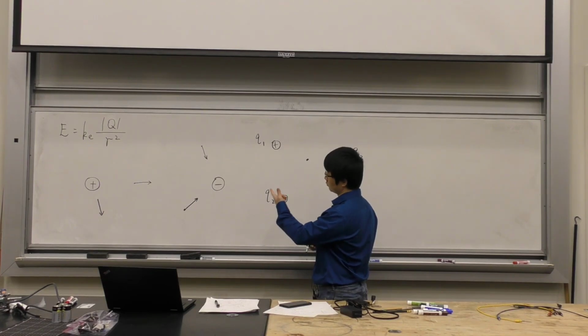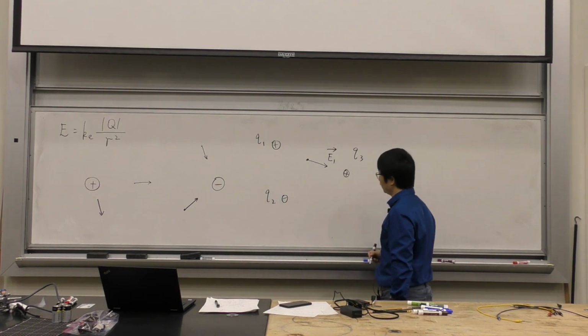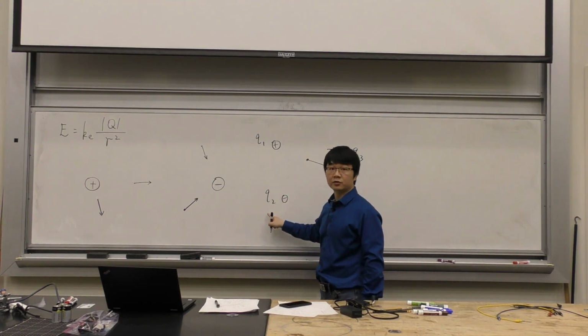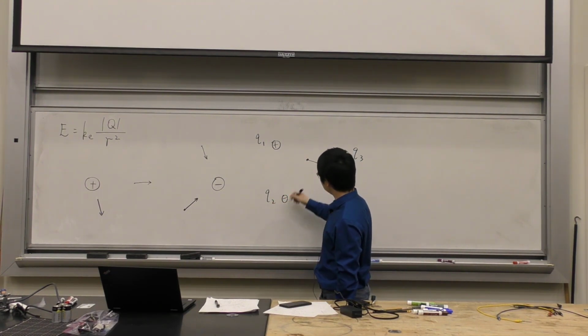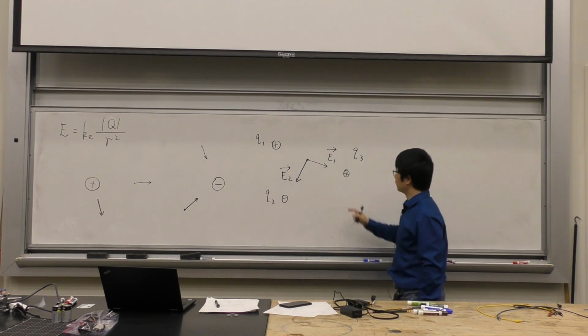Draw these arrows. Q1 is positive, so the direction of the electric field, E1, is going to be in this direction. And then the electric field created by Q2, E2, is going to be toward Q2, so I'm going to draw the electric field this way. Now what about Q3?